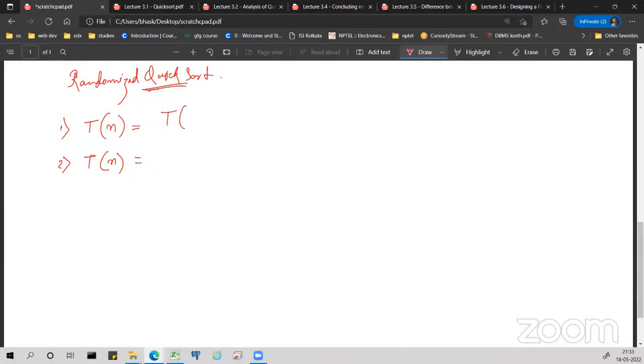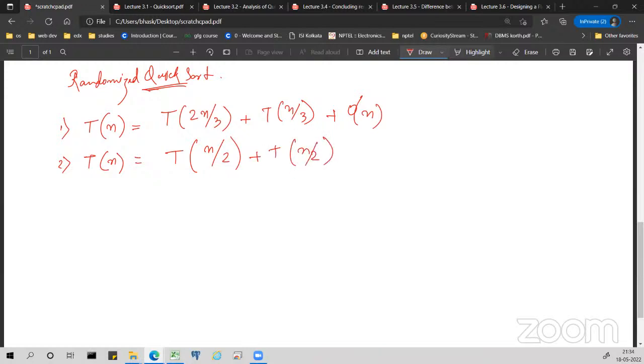Let's say the first call of quicksort divided the array into sizes, let's say, T(2n/3) plus T(n/3) plus partition order of n. And here it's, let's say, divided into T(n/2) plus T(n/2), again plus order of n, right?